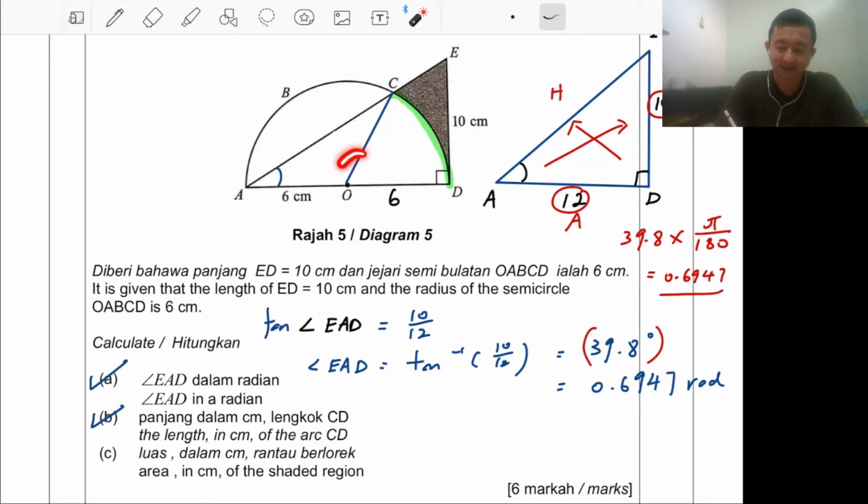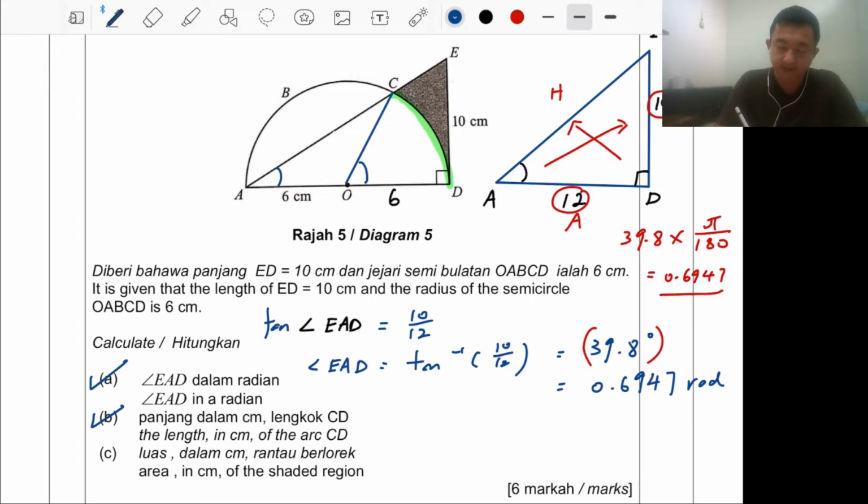Angle at the center, this one. Angle at the center is twice the angle at the circumference. Yeah, they're coming from the same arc, right? Same CD. Angle at the center is twice the angle at the circumference.